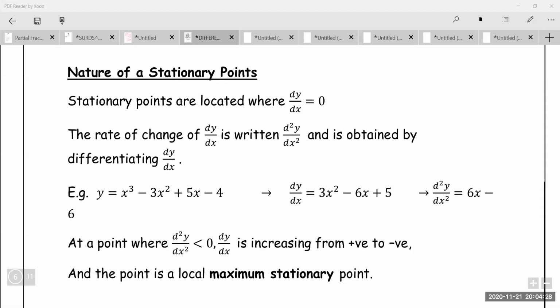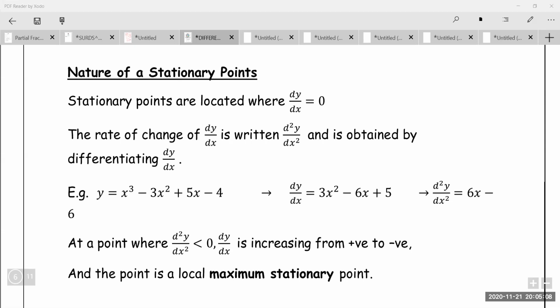So this is a typical example of what they like to ask. Let's say, given that the equation of the curve is y equal to x cubed. Let's use the same example we had up there. y is equal to 2x squared minus 5x plus 3.